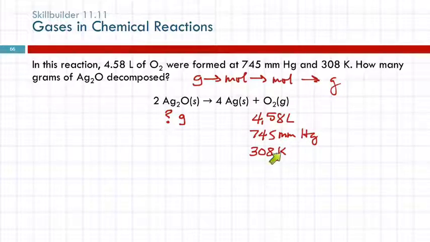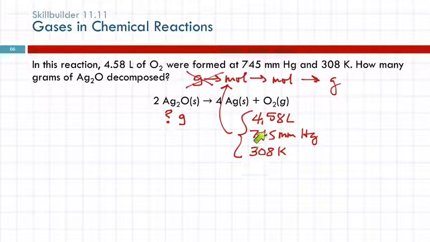This is what we have information about, but we don't have a mass. But we have the information that we can calculate the moles. So we're going to skip this, and we're going to take this information and the ideal gas law and calculate the moles of gas. And then we can go from moles of oxygen to moles of silver oxide to grams of silver oxide. It's a variation on what we've been doing.